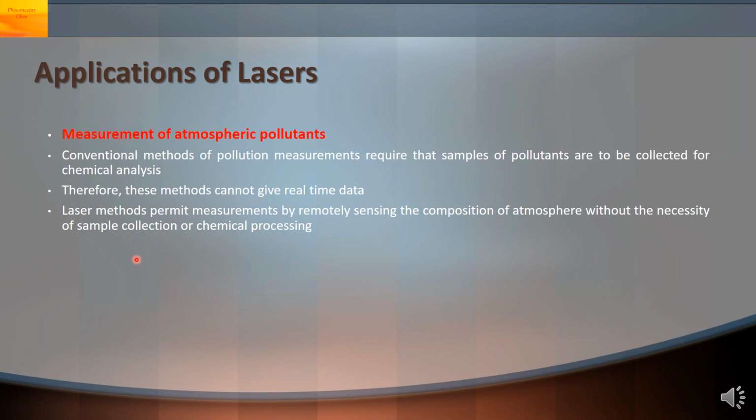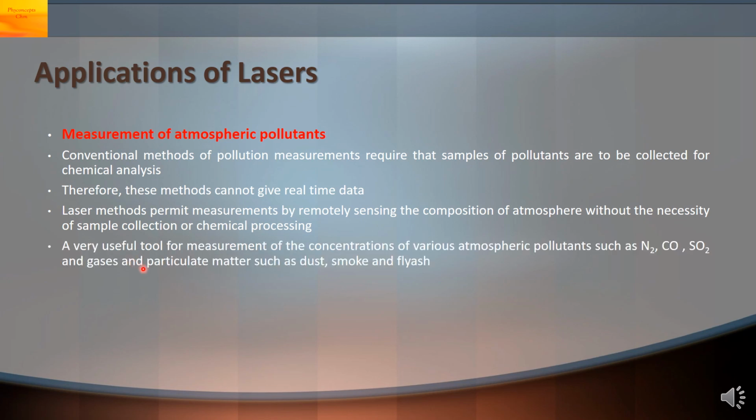So we can consider the lasers to be a very useful tool for the measurement of the concentrations of various atmospheric pollutants such as nitrogen, carbon monoxide, sulfur dioxide and gases and particulate matter such as dust, smoke and fly ash.